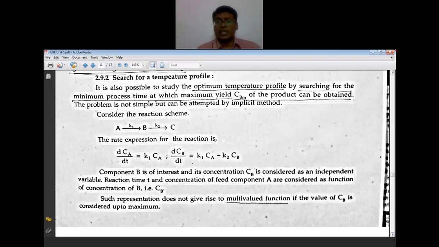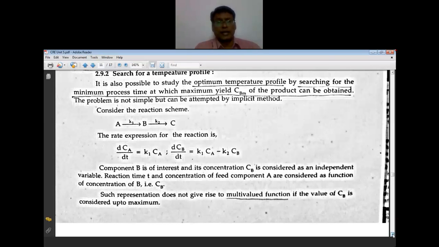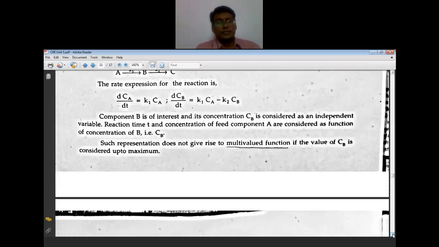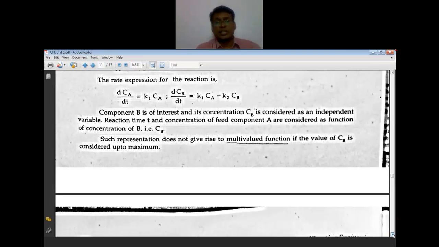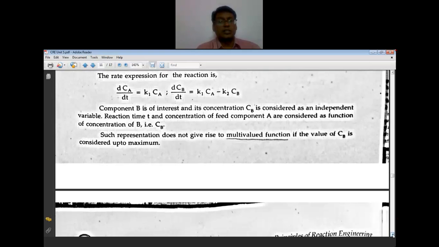These are basic equations, I hope you understand them. Then component B is of interest and its concentration CB is considered as an independent variable. The reaction time T and the concentration of the feed component A are considered as functions of the concentration of B, that is CB. Such representation does not give rise to a multi-valued function if the value of CB is considered up to the maximum.